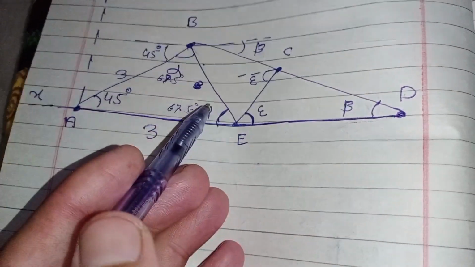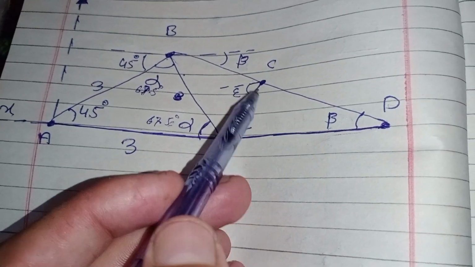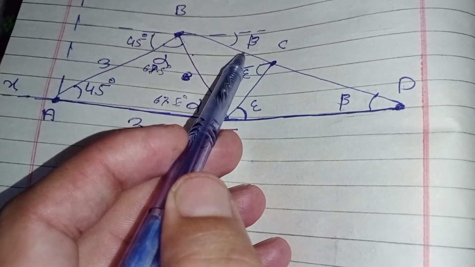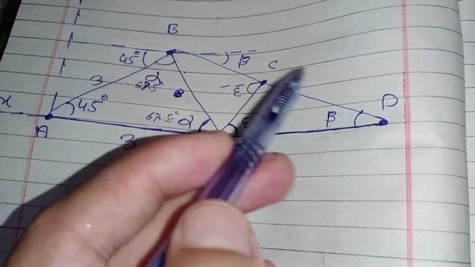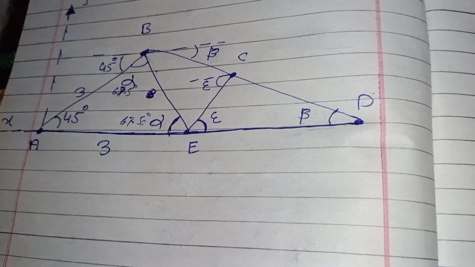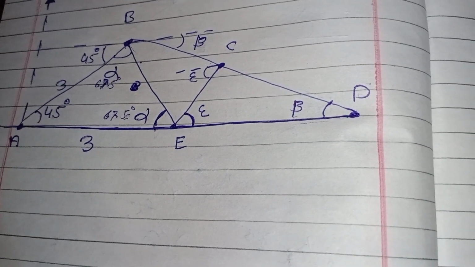Okay, now I want to find this angle beta, but for this angle this length is required. First of all, I will find this length BD by the use of the cosine law.